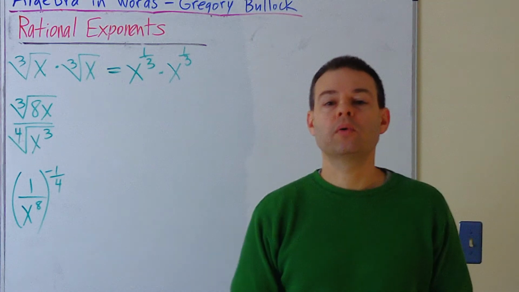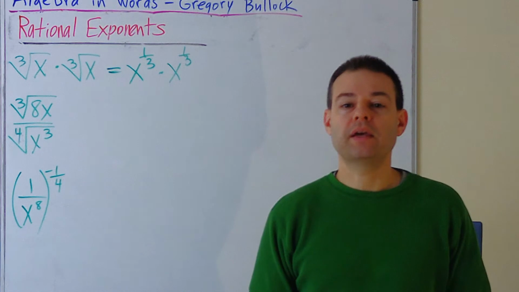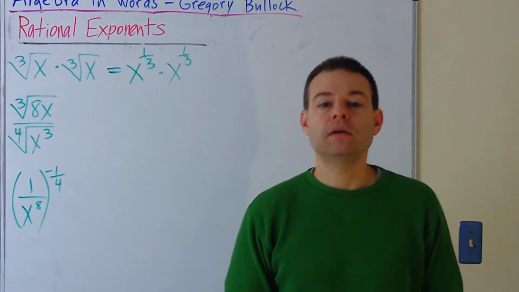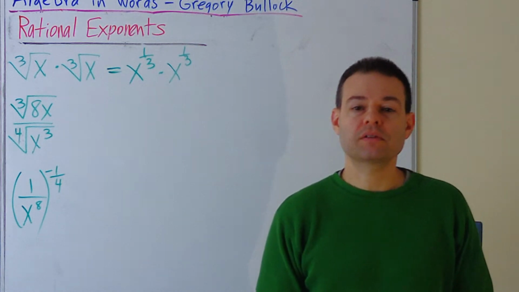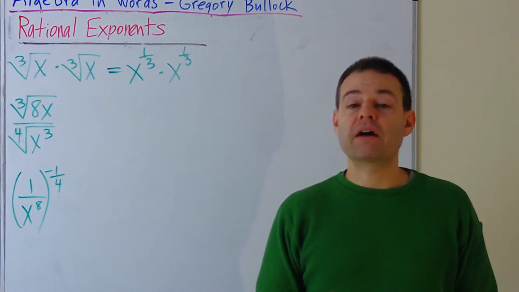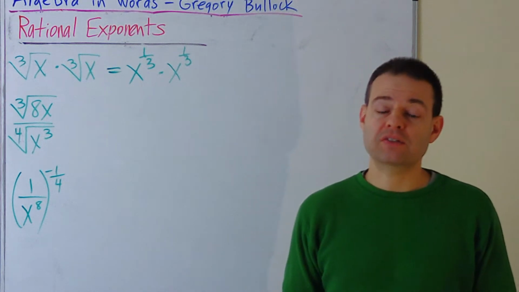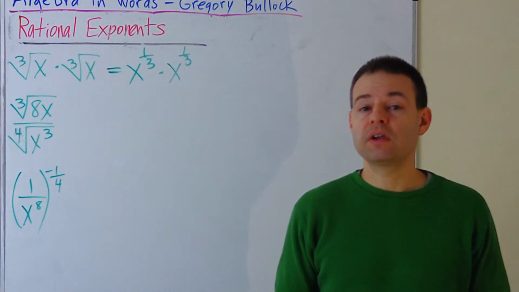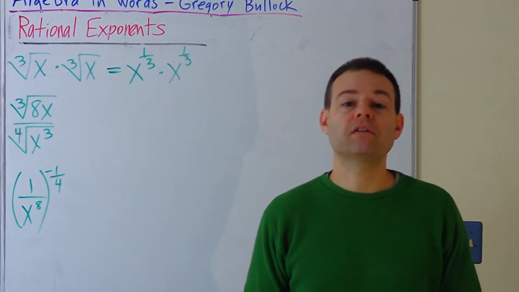Now, this is where we're going to apply our product rule of exponents, meaning if you're multiplying factors that are the same base, you add the exponents. And since these exponents are now fractions, we also have to keep in mind how to add fractions, and they must be like fractions. Coincidentally, these are like fractions. They both have a common denominator of 3.